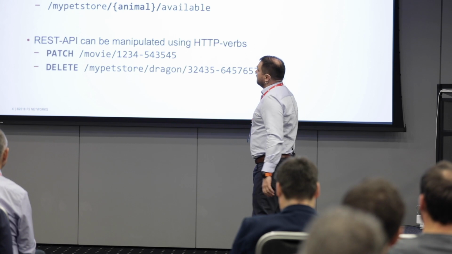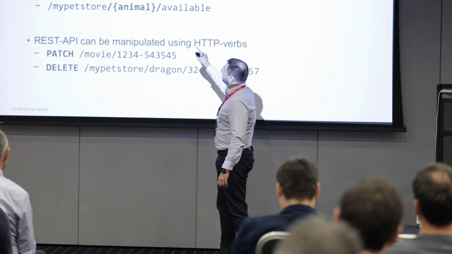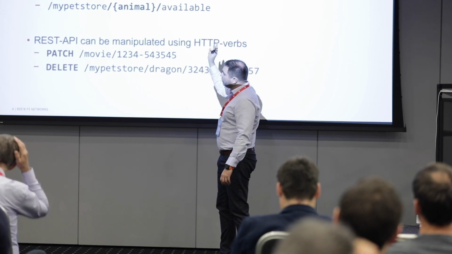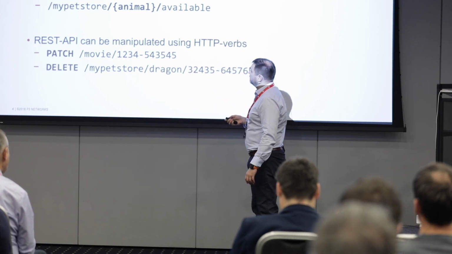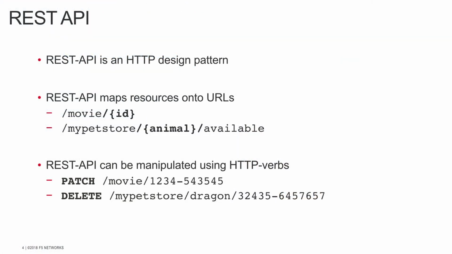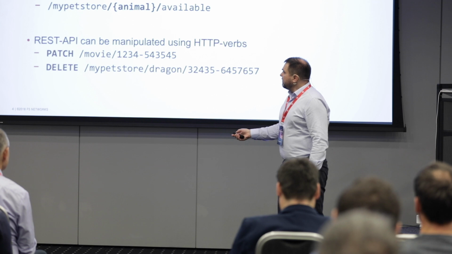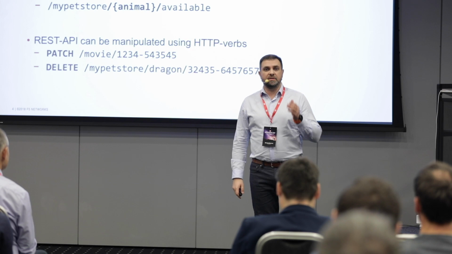Very important when you're talking about REST API: REST APIs map resources into URLs. All the resources are mapped onto URLs, like you have here. If you compare typical HTTP and an API call, the main difference is that REST API calls also use different methods than regular HTTP.